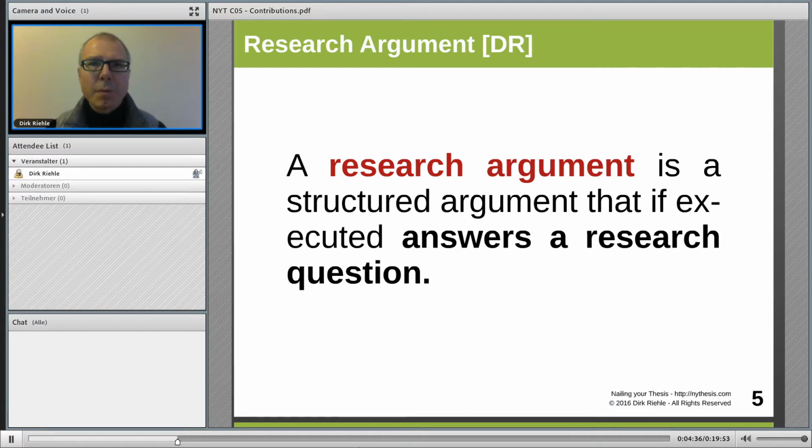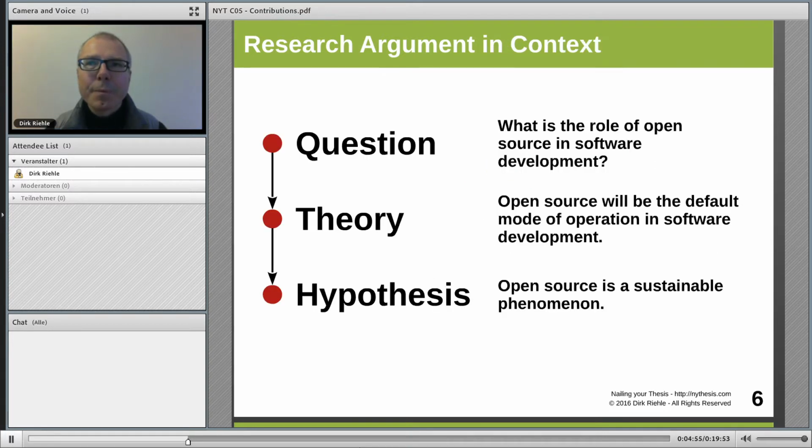And that is done by way of a research argument. So in this segment, or in the next few slides, I want to discuss what makes up good scientific argumentation so that you can recognize if you're looking at one or may not be looking at one.